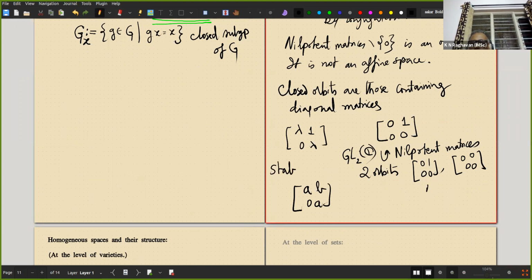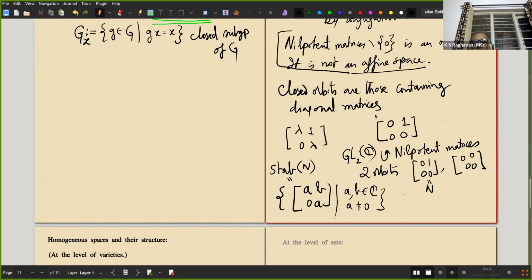Let's call this matrix N, and the stabilizer of N is equal to this subgroup, with a, b in C, a not equal to 0. That's the stabilizer, and you see that this is not reductive. And therefore the conclusion is this: this is not an affine space, because if it were, it would contradict this statement.